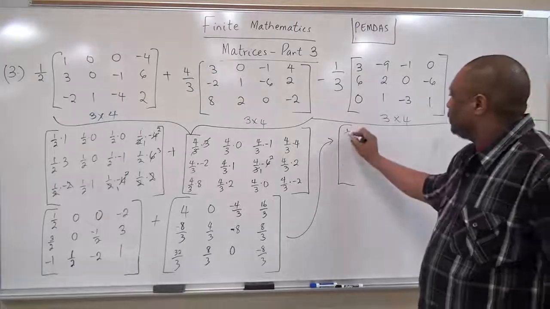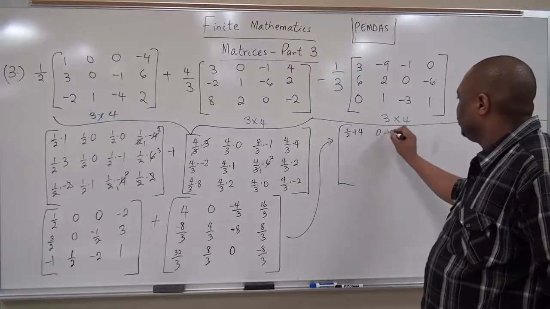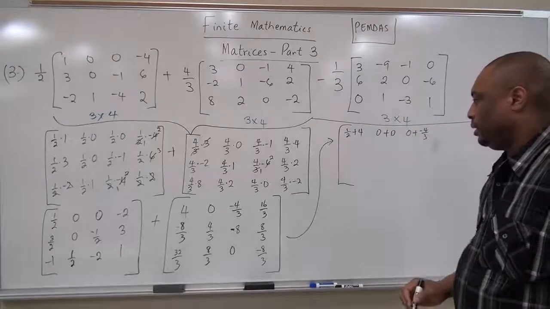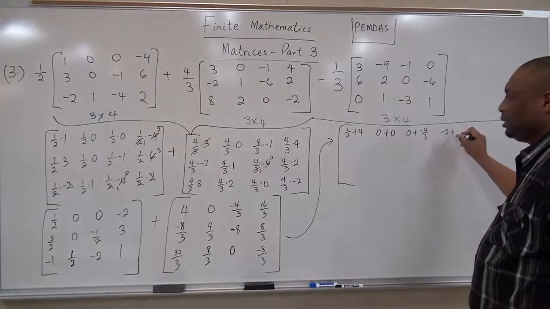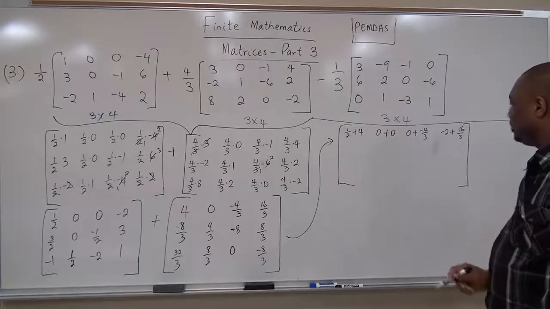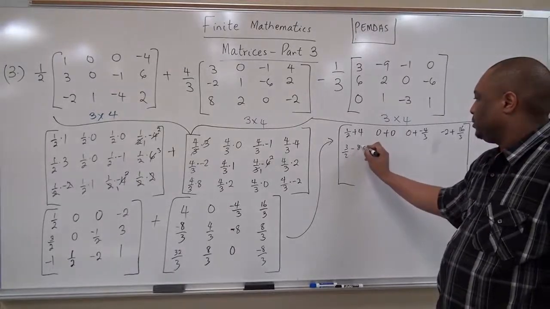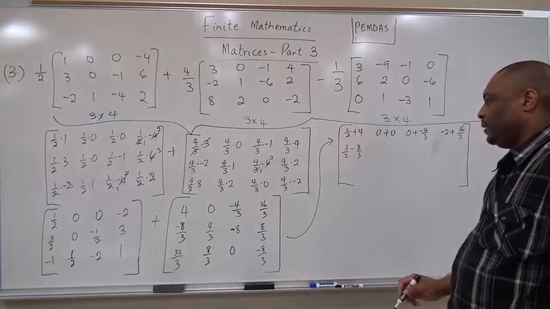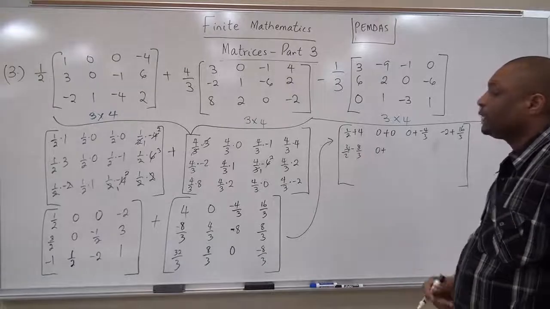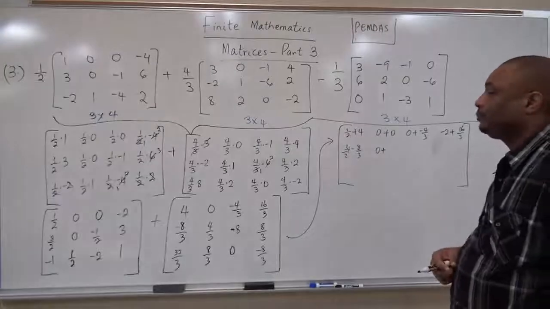So this is 1/2 plus 4. 0 plus 0. 0 plus -4/3. -2 plus 16/3. 3/2 minus 8/3. 0 plus, well, this is plus minus, okay? You can put plus minus 8/3. We'll still fix it to be one sign.